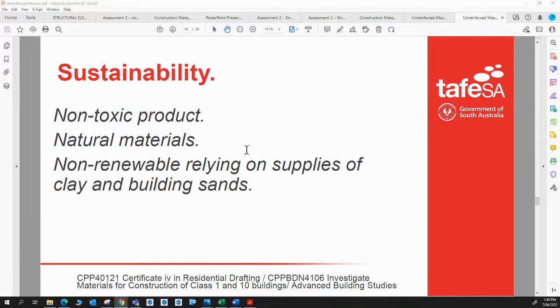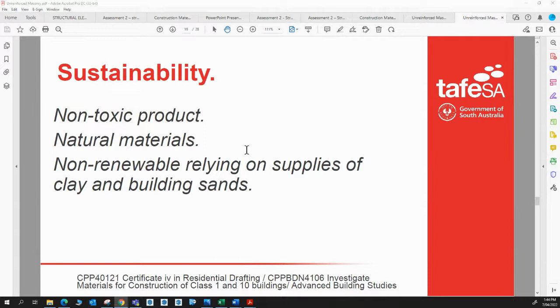But in the main, we're talking about non-toxic materials. Those materials are naturally derived as well, so not synthesized, and there are no flow-on effects of byproducts of production, so to speak, apart from the gases put out from firing that clay.